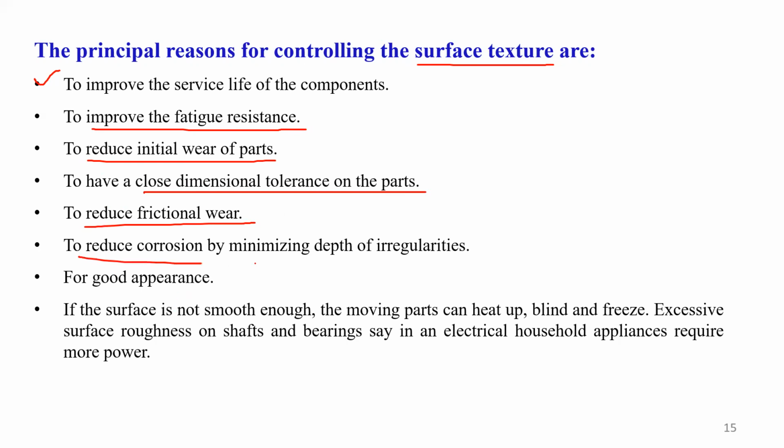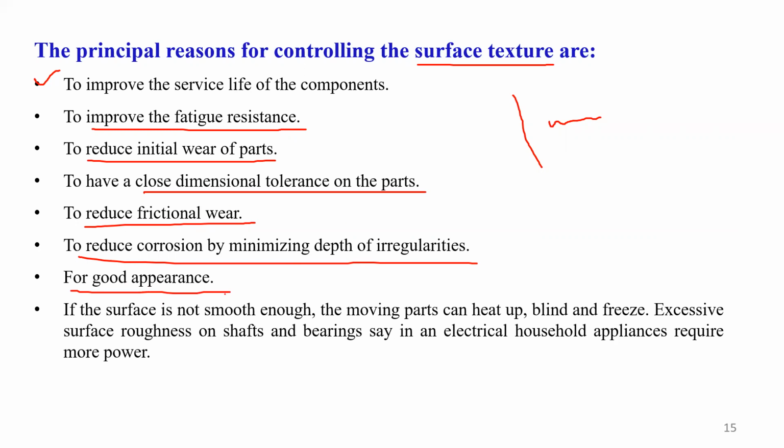And we can reduce the corrosion by minimizing the depth of irregularities. If the depth is more, corrosion is more. If the depth is less, corrosion is less. And aesthetic appearance can be improved by controlling the surface texture.